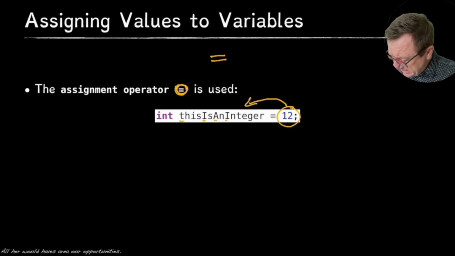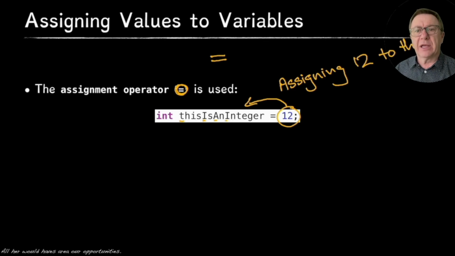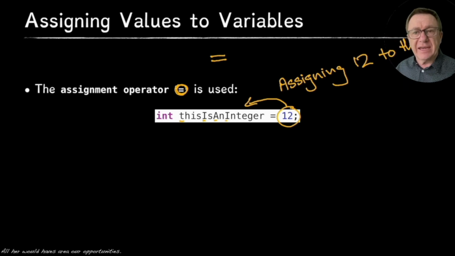So we're assigning 12 to this, and I'm running out of space on my slide. So what is on the right hand side gets assigned to what's on the left hand side, okay? What's on the right is assigned to what's on the left.